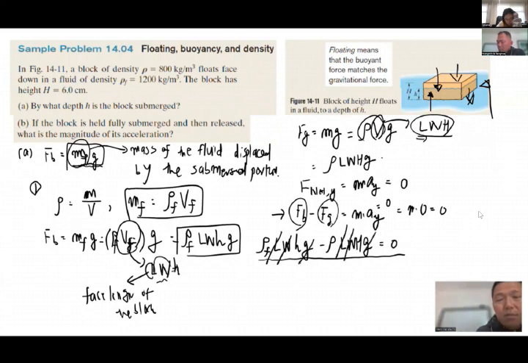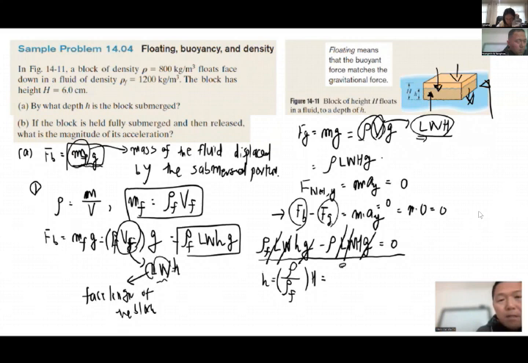So the submerged depth h is the ratio between the two densities, rho over rho_f, times the height of the box.